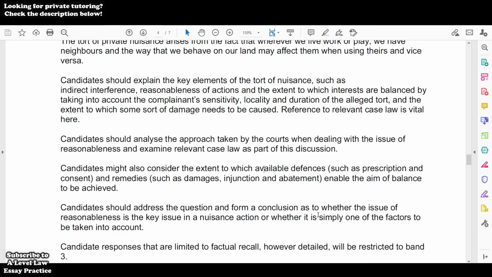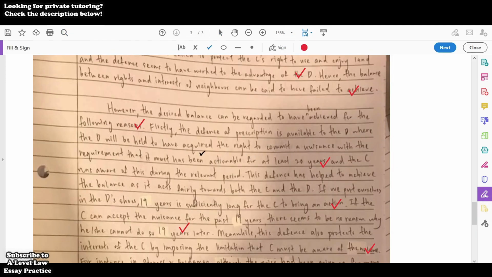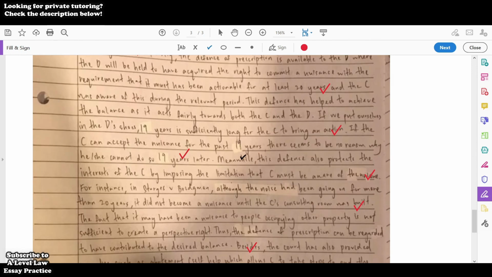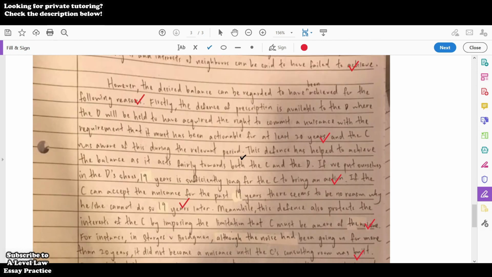But like it says here, enable the aim of balance to be achieved, so you should discuss both ways for both defenses. It seems that only when talking about the defense of prescription is there a balance going on, even though it's not very obvious, but it's there.